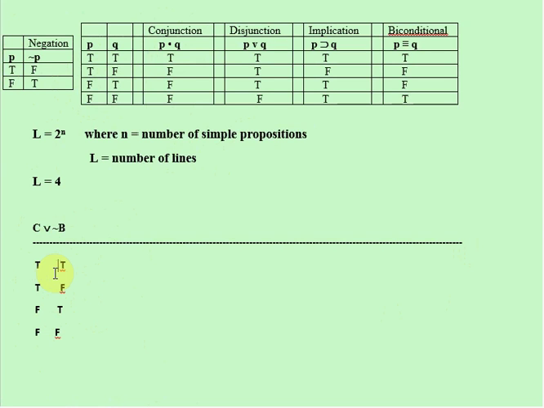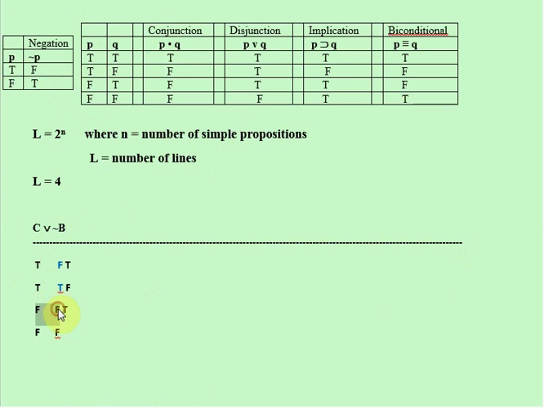If B is true, then not B is false. Let me do this in blue. Okay, the second line, if B is false, then not B is true. Let me make that blue. And then the third line, if B is true, we already saw that the negation would be false.